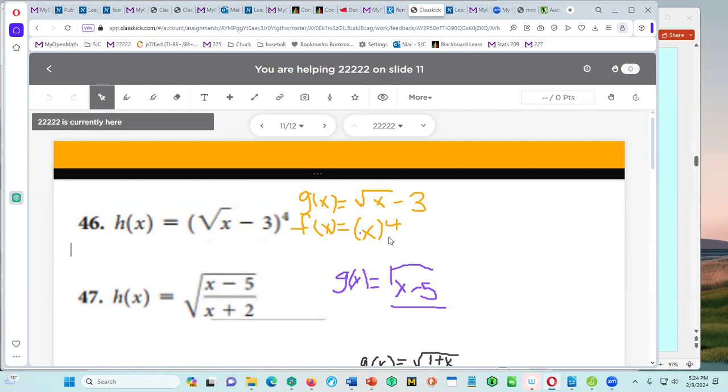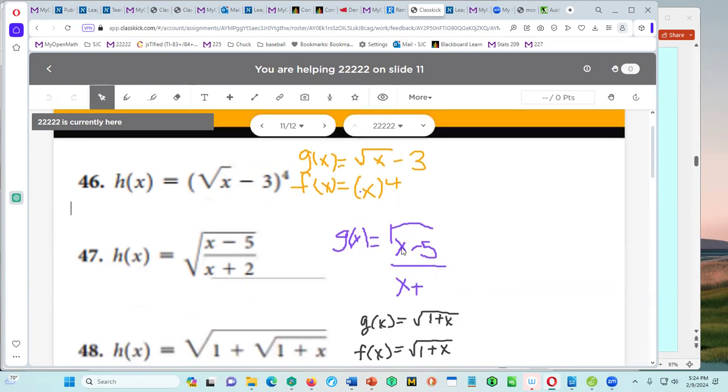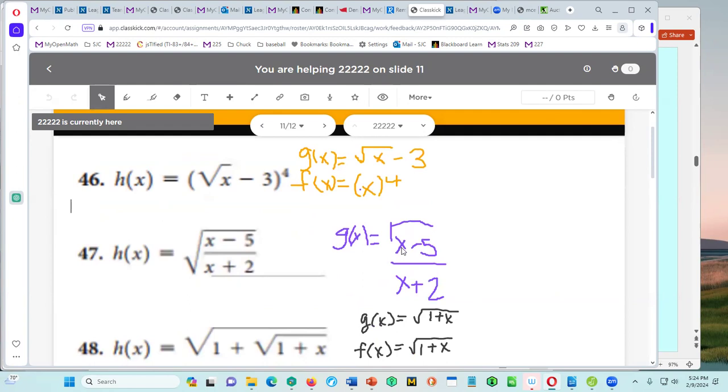Yeah. Looks like you started to put the radical symbol on there.